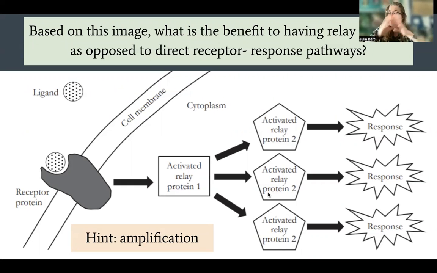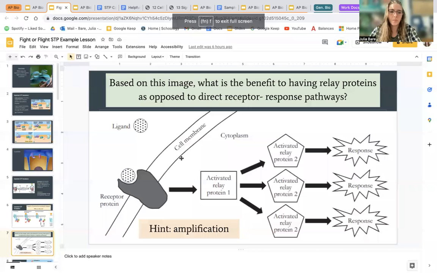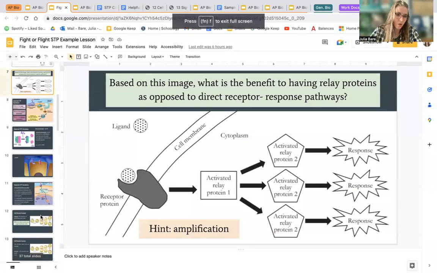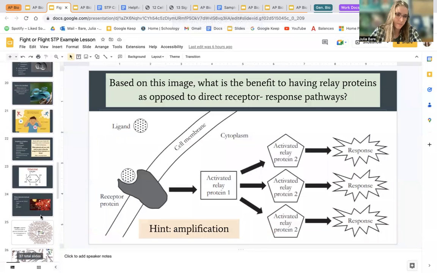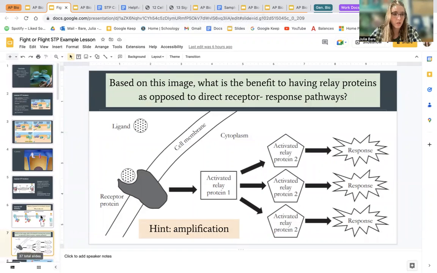And what this does is it amplifies a signal so that one ligand can produce a broad range of responses. So it can produce a lot of responses as well as potentially other types of responses. So for example, there's an image here that I'm actually just going to bring up for us because it's going to be relevant for this discussion.